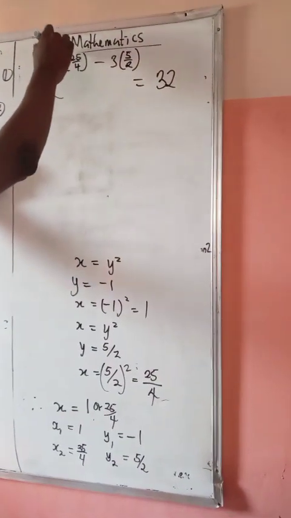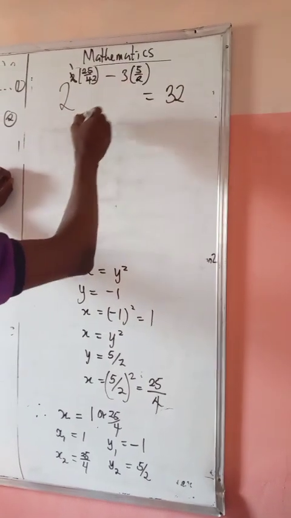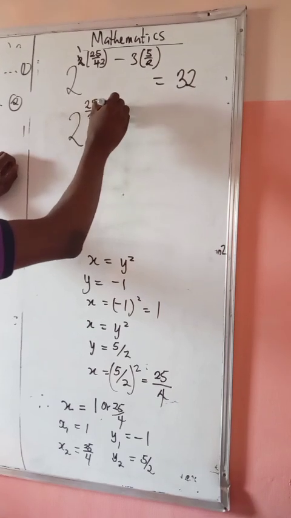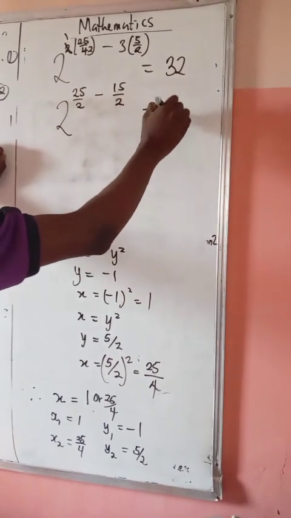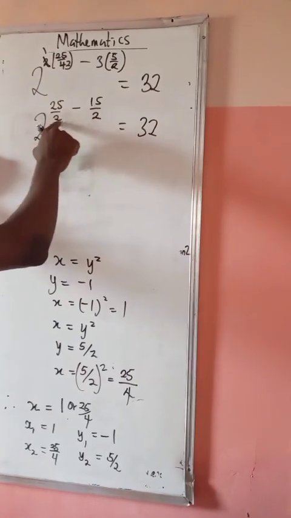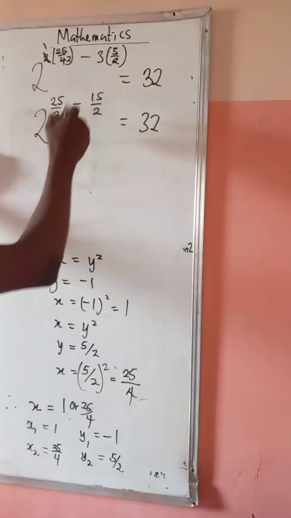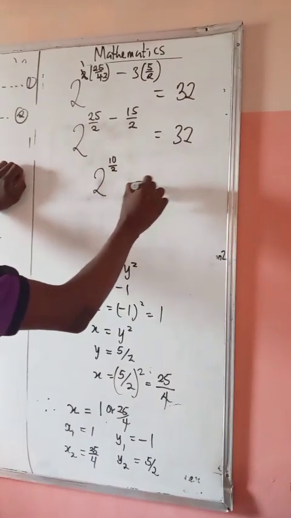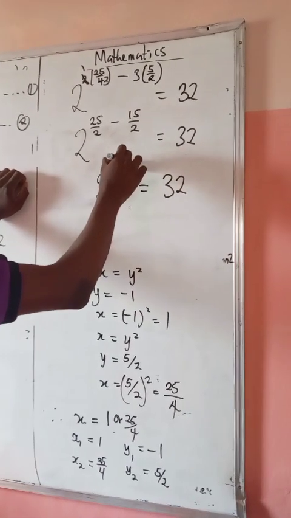So 2 over 4 gives 2 over 2. So 3 times 5 is 15. So 2 to the power of 25/2 minus 15/2 is equal to 32. This is having the same denominator, so I can say 25 minus 15. So 2 to the power of 10/2 is equal to 32. 10 over 2 is 5.